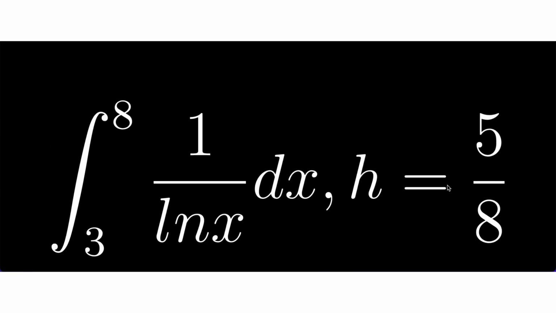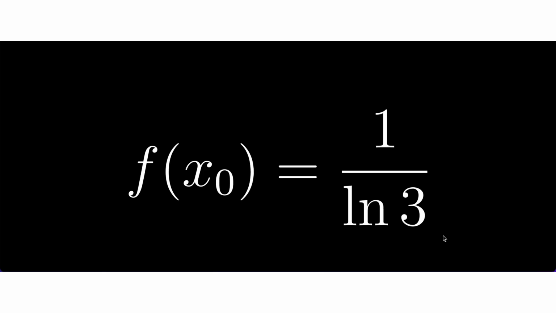Here's an example. The integral from 3 to 8 of 1 over the natural logarithm of x, which has no elementary antiderivative. As n equals 8, a equals 3, and b equals 8, h equals 5 over 8. f of x sub 0 equals f of 3, which equals 1 over the natural log of 3.